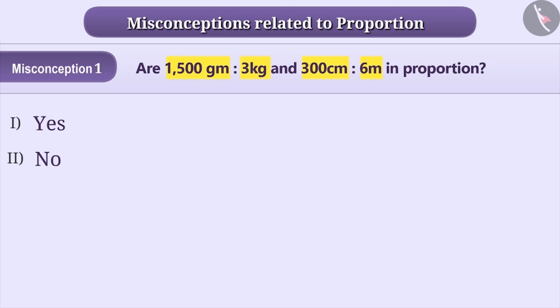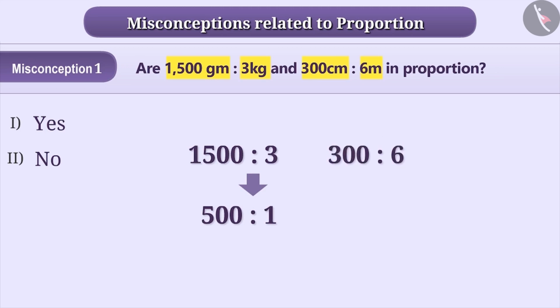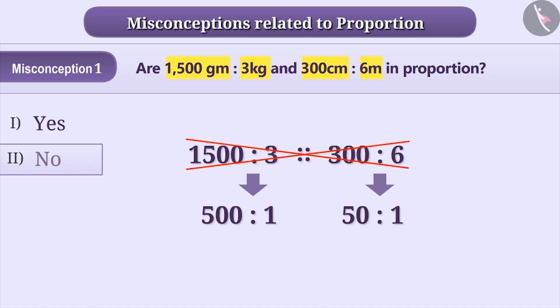They simplify the ratios as 1500 is to 3 is equal to 500 is to 1 and 300 is to 6 is equal to 50 is to 1. They think that ratios 1500 is to 3 and 300 is to 6 are not in proportion. Because of these two misconceptions, students choose option 2 as the answer, which is incorrect.